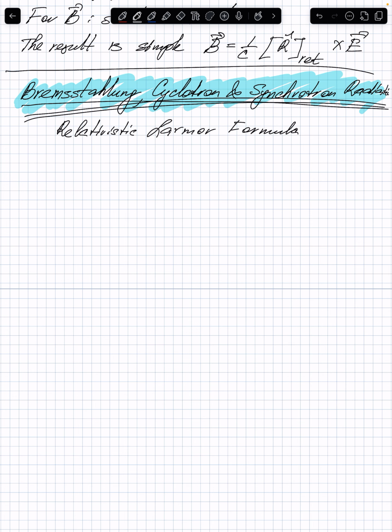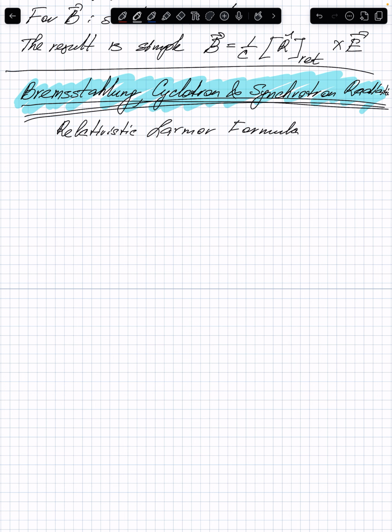Previously, we considered this in the case when the particles move non-relativistically. Now I would like to extend this equation to the general case, when we have radiation from a single source, from a single charge.